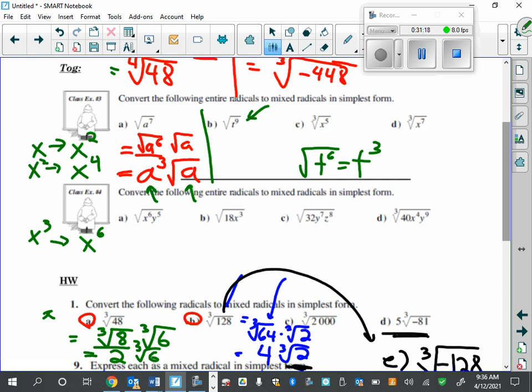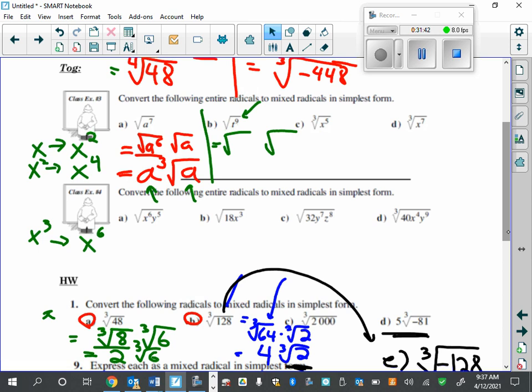So try B. Try your best. It's going to be hard to do it with only one example, but again, this isn't a major concept. This is just a quick see it, look at it, maybe one question. But break up the t to the 9th into something times something, and you're going to have the biggest even exponent that's before 9.